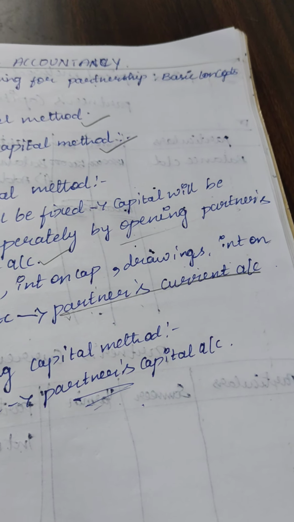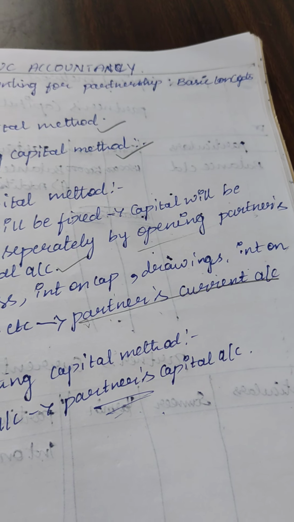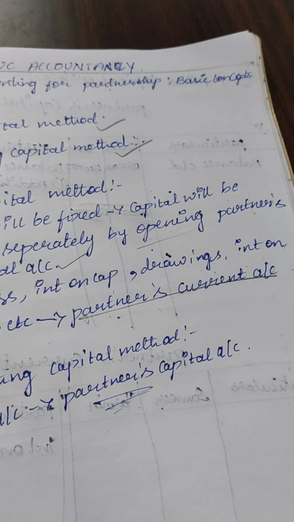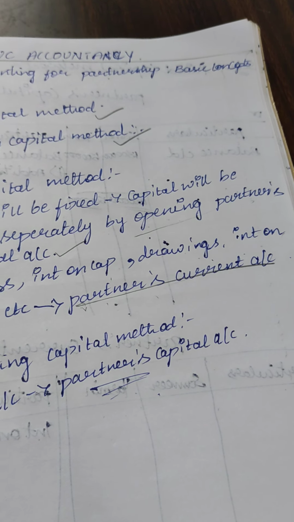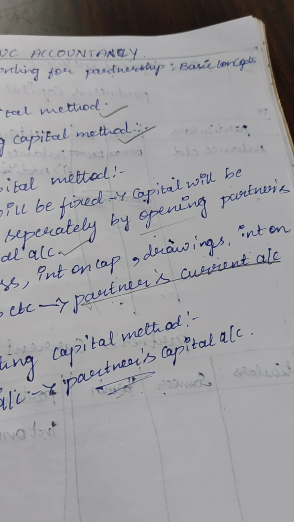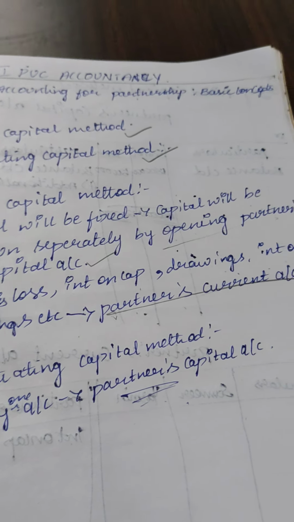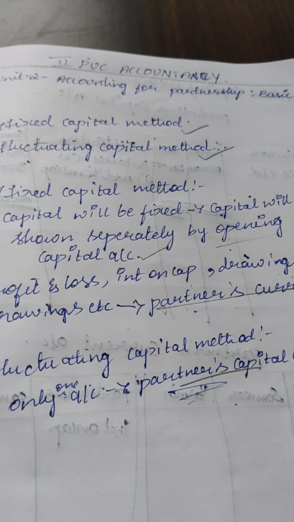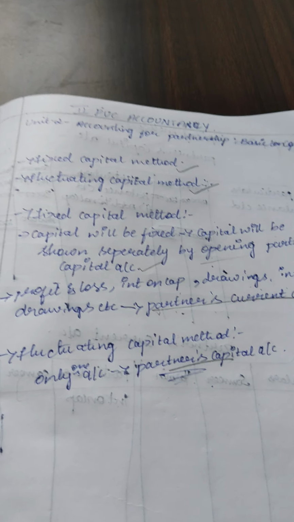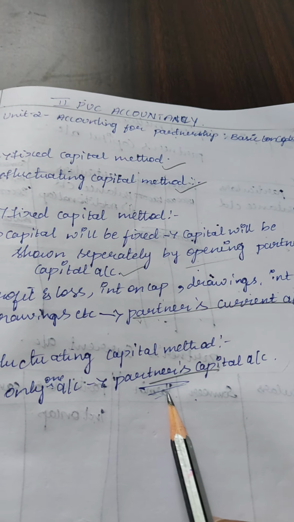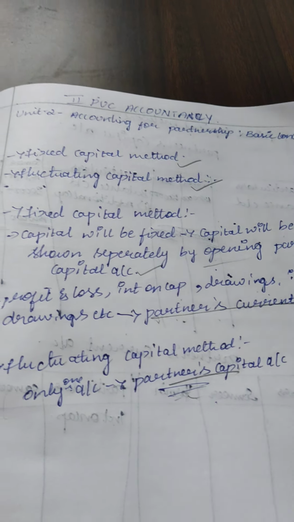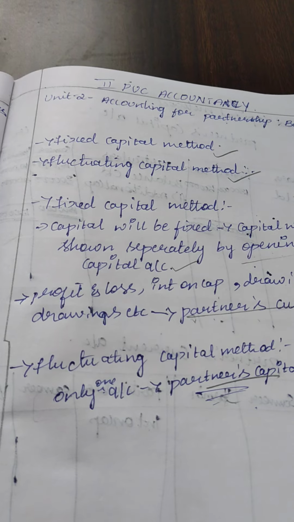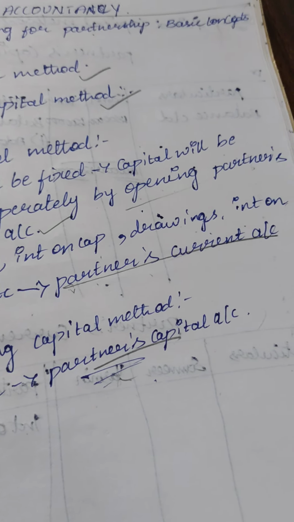And all the adjustments such as interest on capital, share of profit and loss, interest on drawings, salary or commission to partners, etc. are recorded directly into the partner's capital account. So this is the major difference between the fixed and fluctuating capital methods.